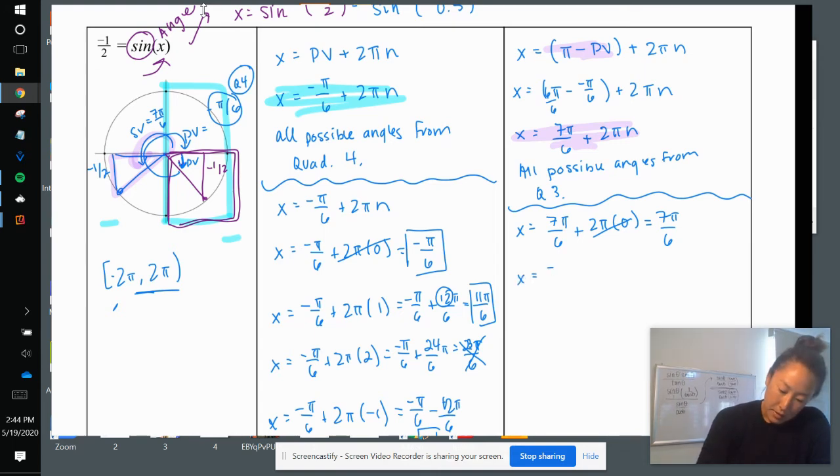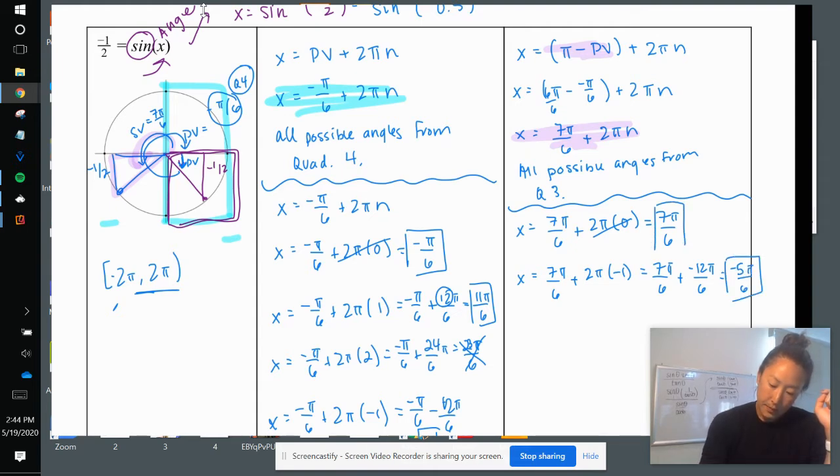x is equal to 7 pi over 6 plus 2 pi times, if I go backwards a rotation, so multiply by negative 1, I get 7 pi over 6 plus negative 12 pi over 6. So 7 minus 12 is negative 5 pi over 6. That's an answer.